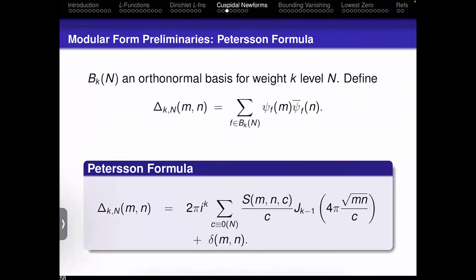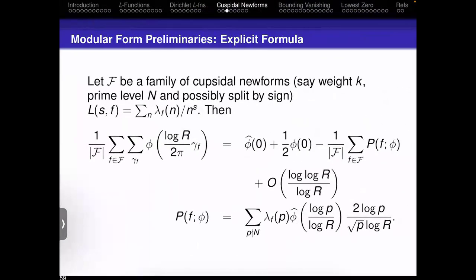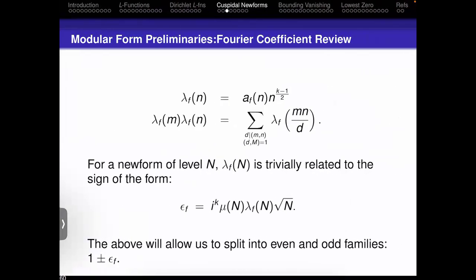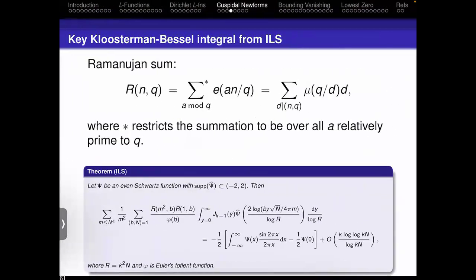We then use the explicit formula to relate sums over zeros to sums over primes of the Fourier transform with the coefficients. The main result is Iwaniec-Luo-Sarnak, in a masterful piece of analysis. They were able to figure out the resulting integral with sums and everything of the Bessel-Kloosterman piece.